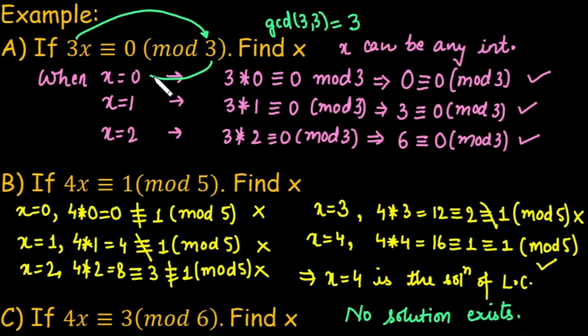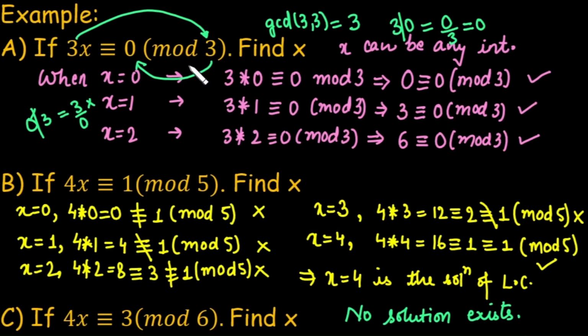Now check whether 3 divides 0. That is, is 0 by 3 equal to an integer? Yes, 3 divides 0. But 0 does not divide 3, because 3 by 0 is not defined. As 3 divides 0, it has a solution.